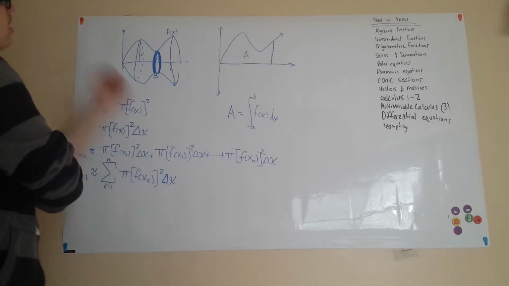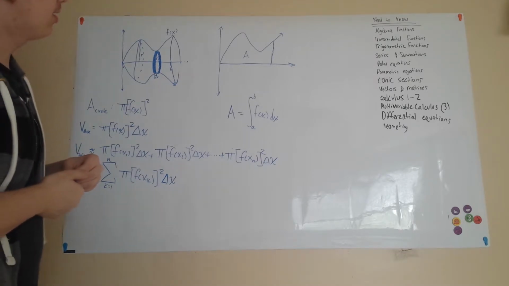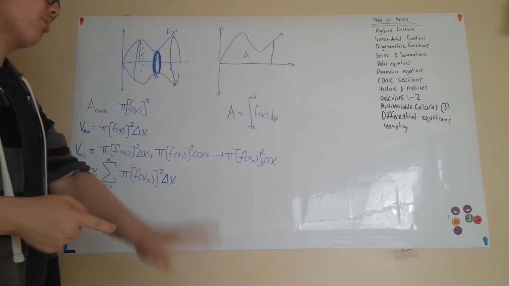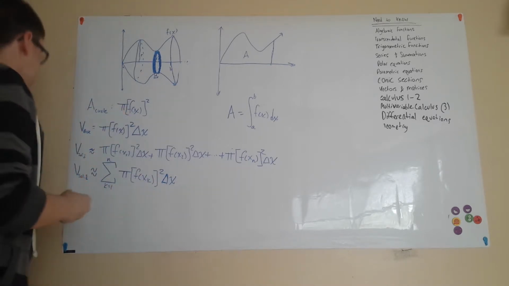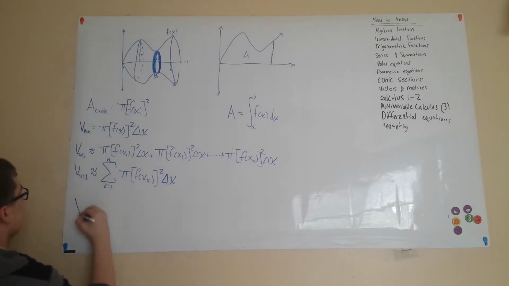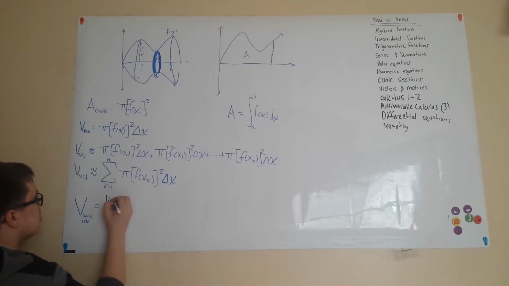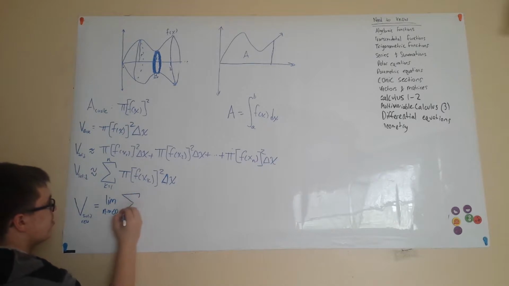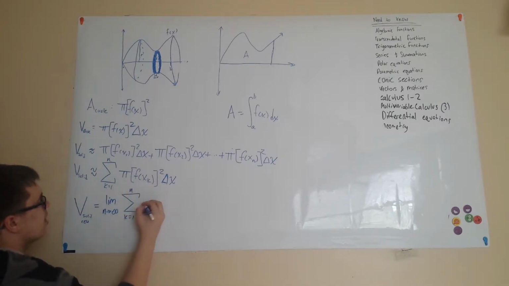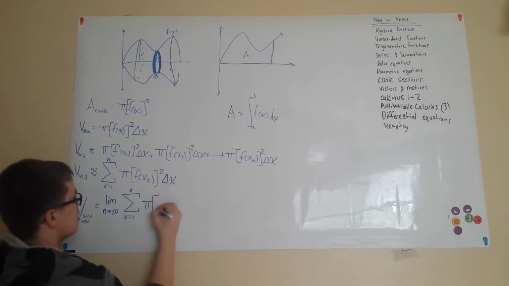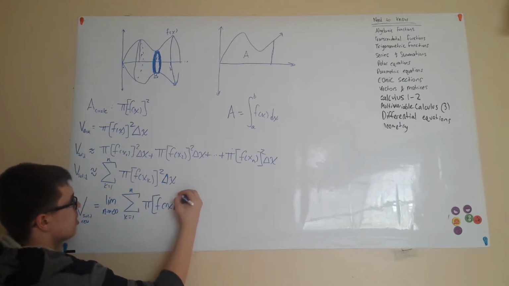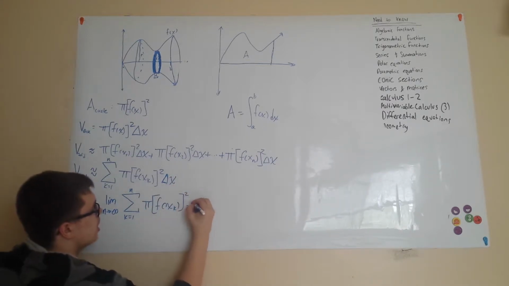So the exact volume of the solid of revolution is equal to the limit as n approaches infinity of the summation from k equals 1 to n of pi times my function f of x sub k squared times delta x.